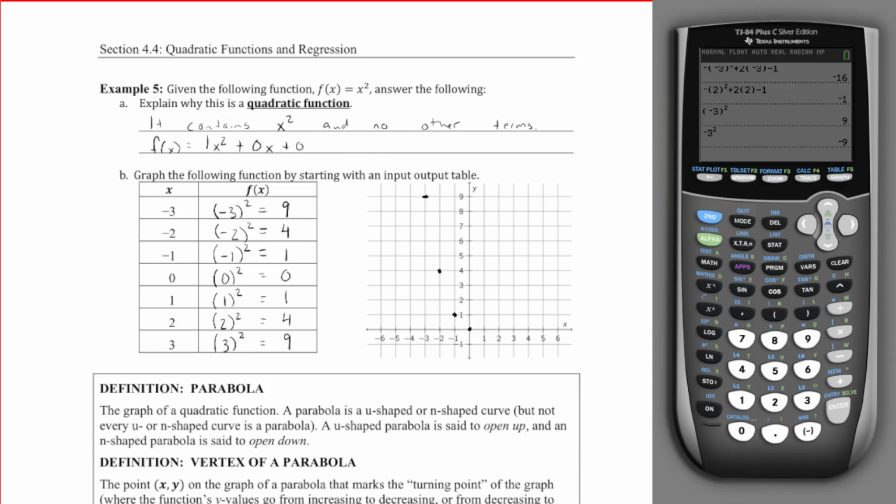When x is 1, y is 1. When x is 2, y is 4. When x is 3, y is 9. Oh, okay. So if we want to, we can go and fill in kind of a smooth curve connecting these dots.